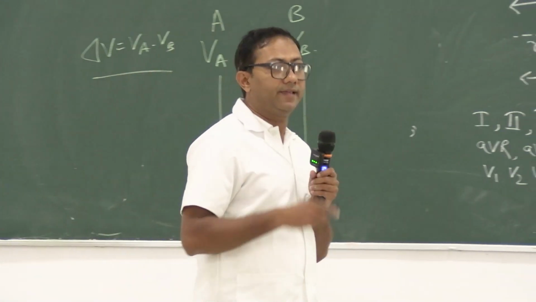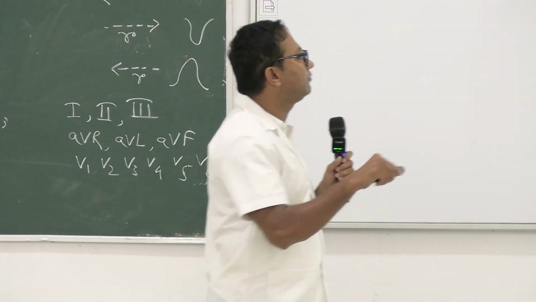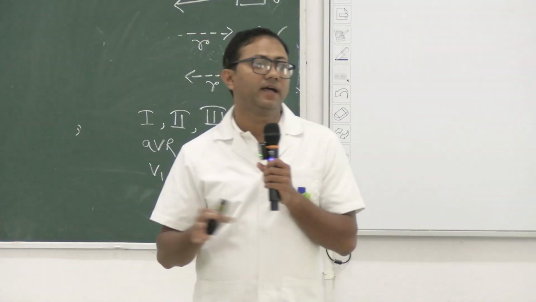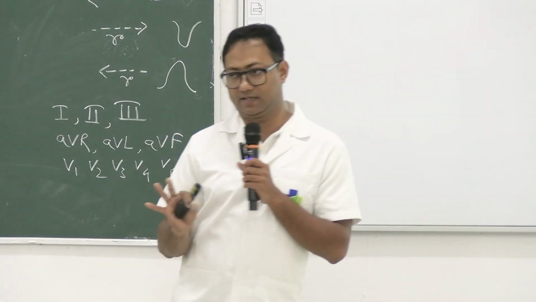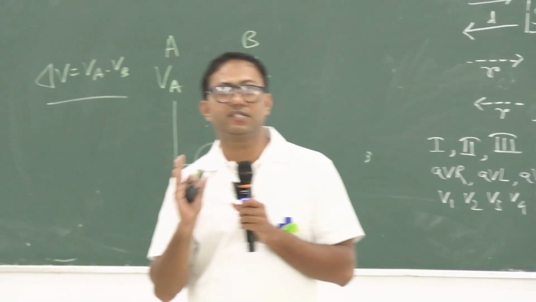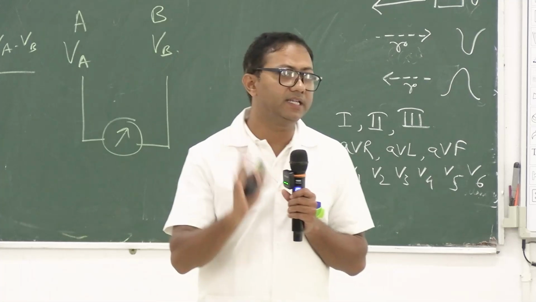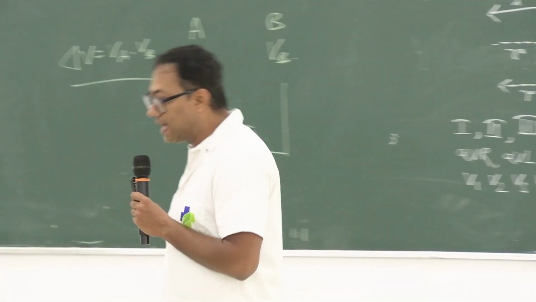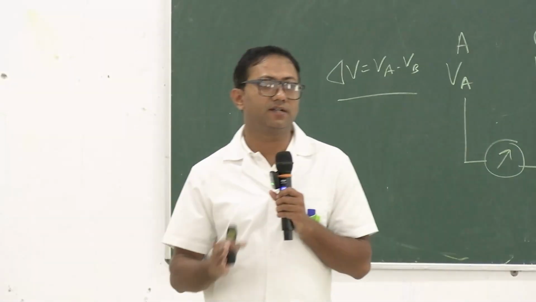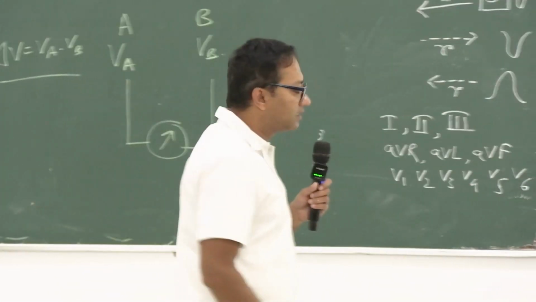That means you are summing up 2, 3, 4 and 5, and you are getting a resultant, a mean electrical vector for your ventricle.